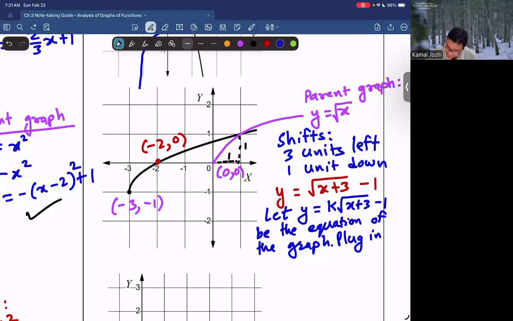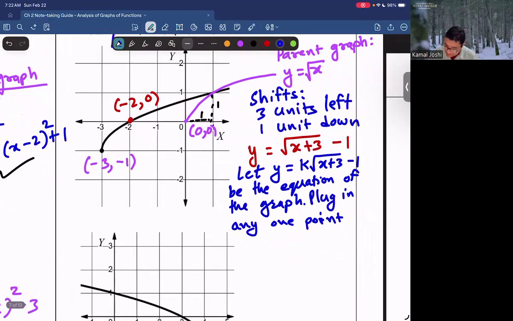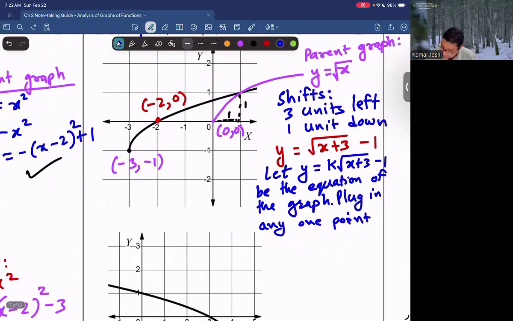Plug in any one point. Okay, I'm also writing it here, so you can see it and realize the general process. Say minus 2, 0, right, in this case.